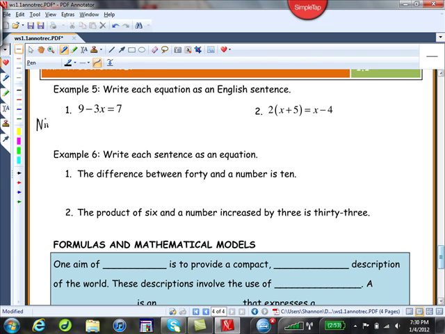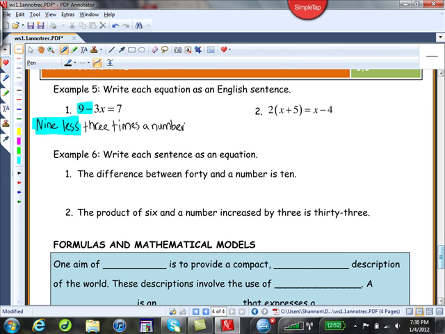So 9 less. The less is coming from this. So 9 less is that portion. And then here, do you see we're going to have 3, and that operation's multiplication. So 3 times a number.